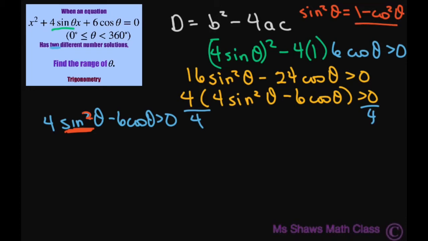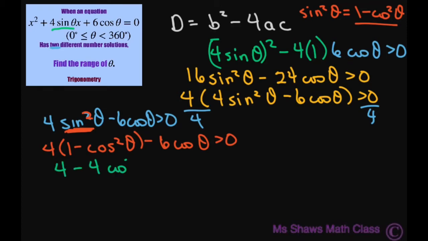All right, so this is going to equal 4 times 1 minus cosine squared of theta minus 6 cosine of theta is greater than 0. Simplifying all this, we'll get 4 minus 4 cosine squared of theta minus 6 cosine of theta is greater than 0.